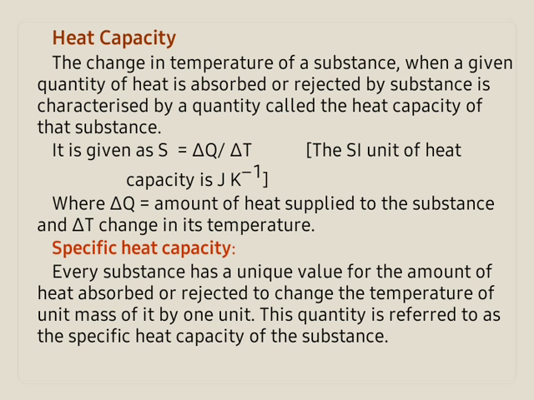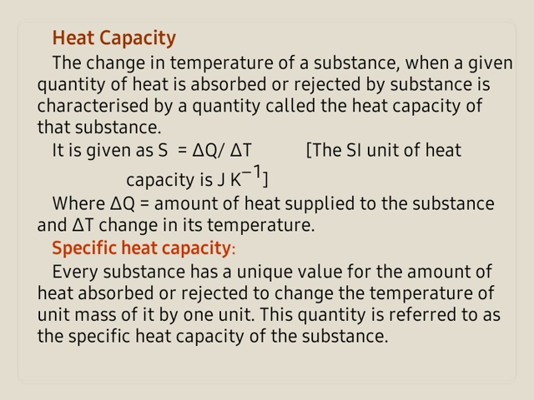When a given quantity of heat is absorbed or rejected by a substance, the change in temperature of the substance is characterized by a quantity which is called the heat capacity of that substance. It is the ratio of the amount of heat energy supplied to the substance to the change in its temperature.